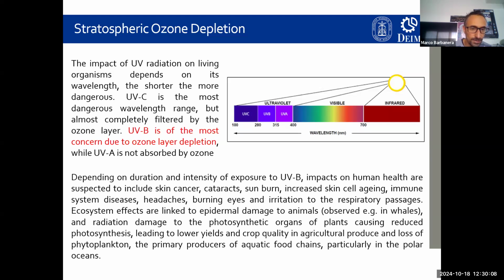The ultraviolet radiation is the most dangerous radiation for life on the Earth's surface.